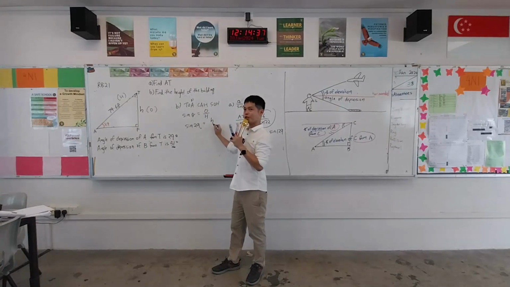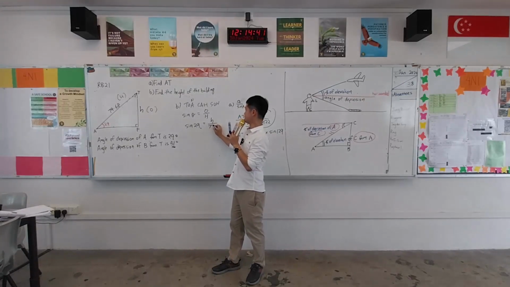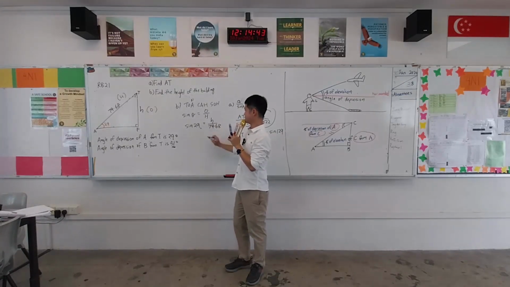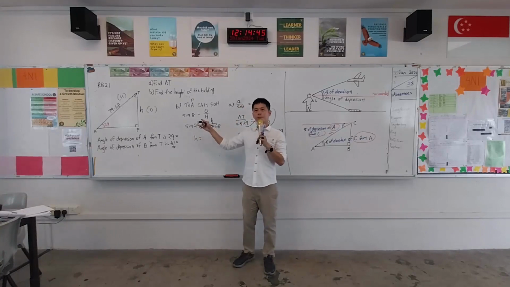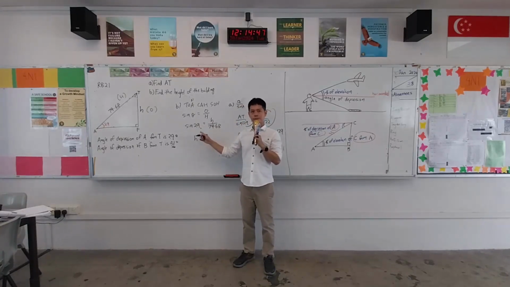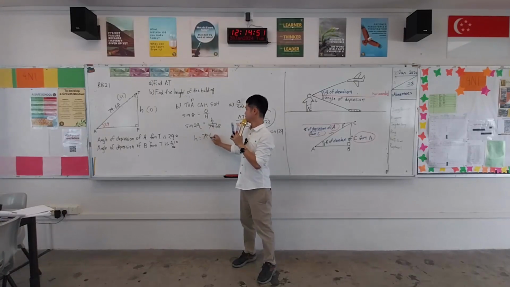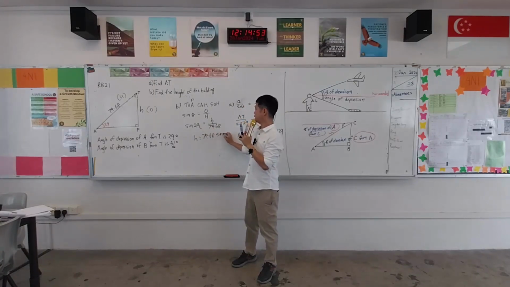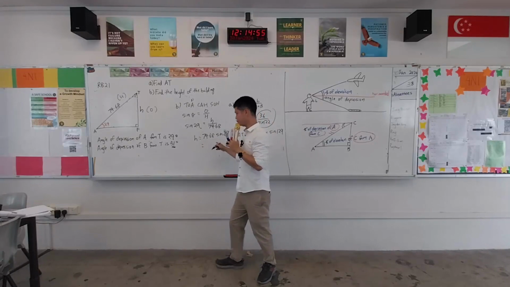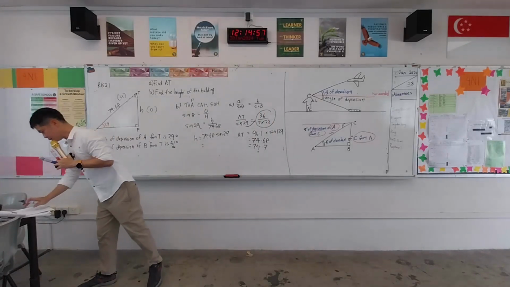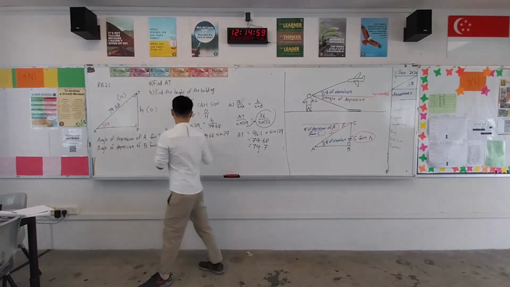Opposite is h, and the hypo is 74.68. Cross multiply or swap? This one is cross multiply. Okay, and finally we have the answer, and the answer is 36.2.